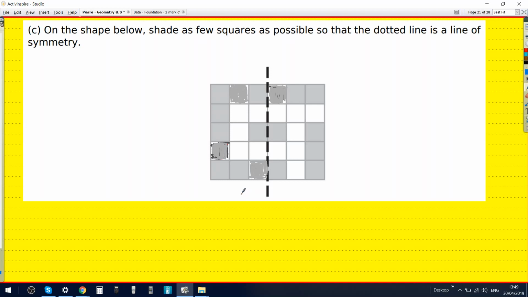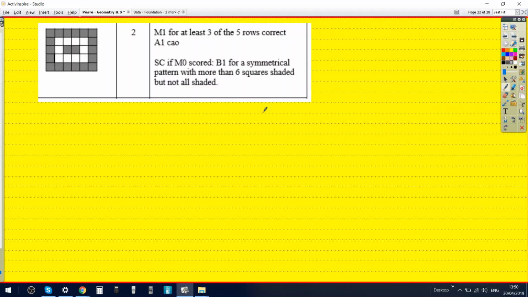Yes, the bottom right, to the right. And then at the top, the second from that one. That's it. And so you've got that ring going around.